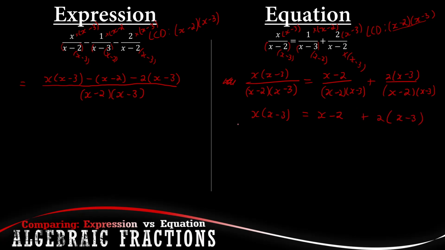And then we just have a normal equation. This is going to work out to be a quadratic equation when we multiply out the brackets. So we're going to say x squared minus 3x equals x minus 2 plus 2x minus 6. I'm just quickly going to solve this. I'm not going to go into a lot of detail, or do it very slowly. There are other videos that explain this. This is actually just to show the comparison between expression and equation.